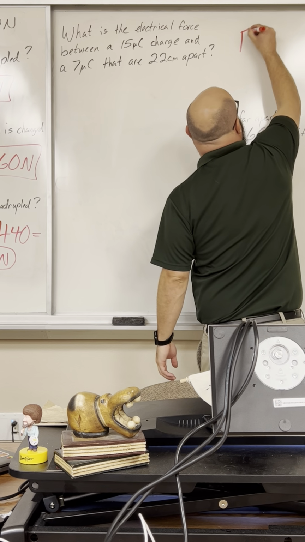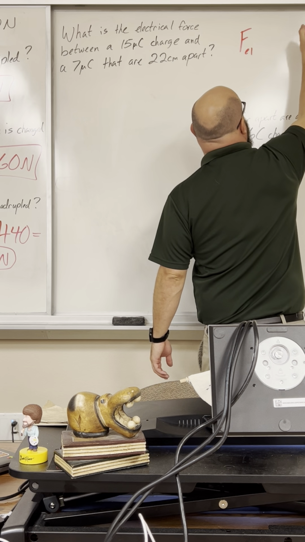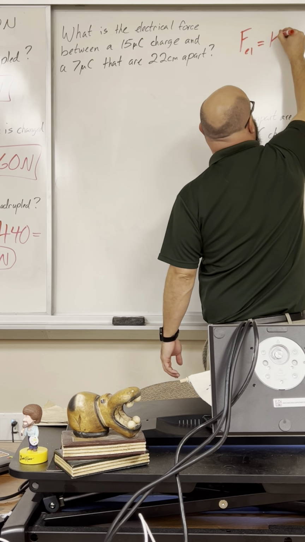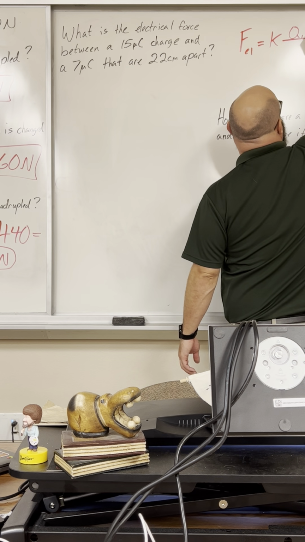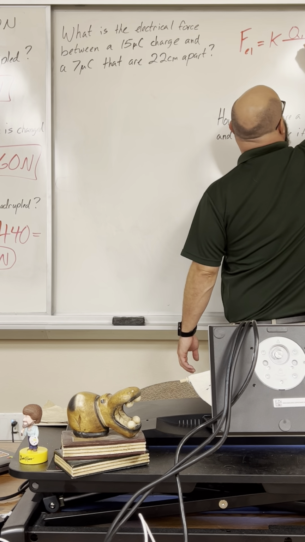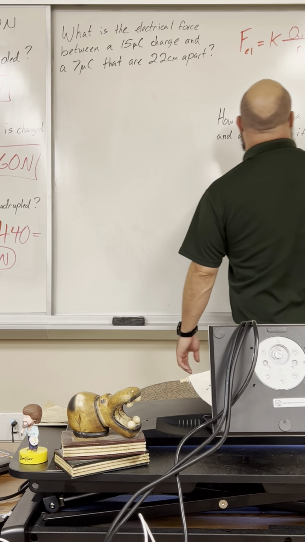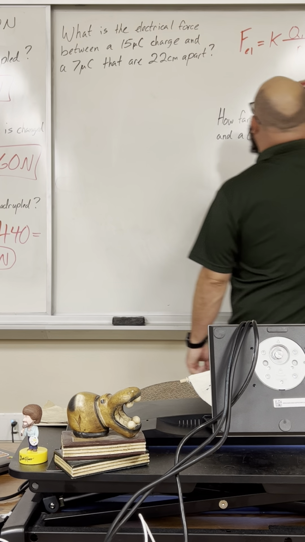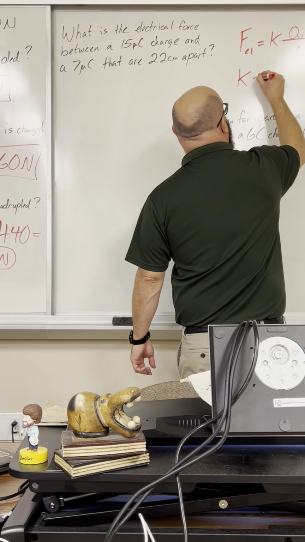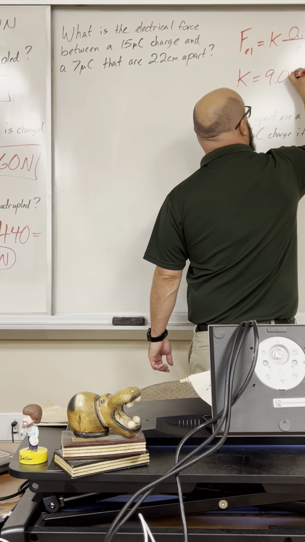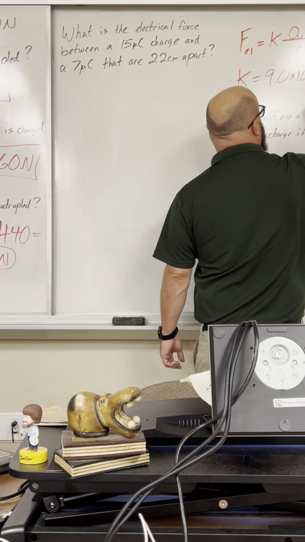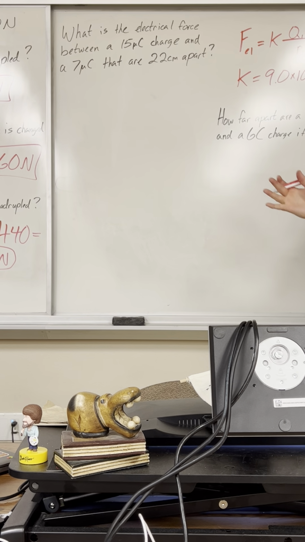F of EL equals K Q1 Q2 over R squared. What's K? That's our constant of proportionality, which is 9.0 times 10 to the 9th. And again, it has units, but we're not going to worry about that because we know all of our unwanted units are going to cancel out.